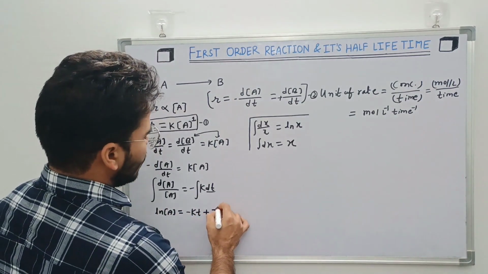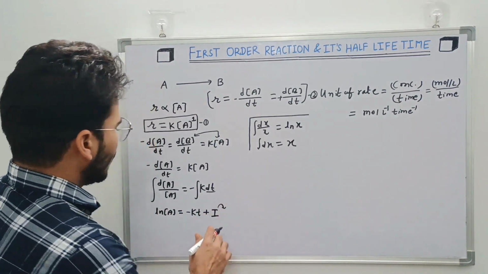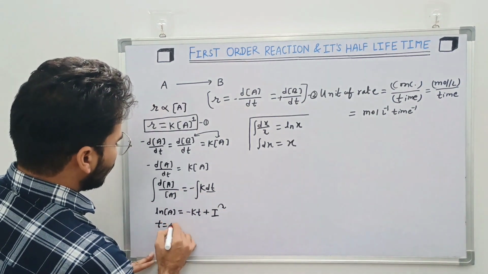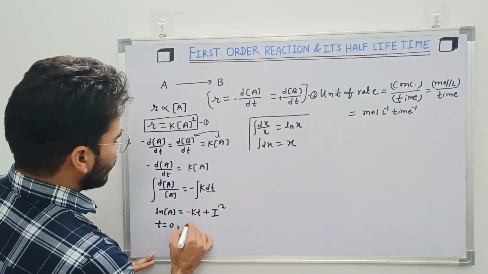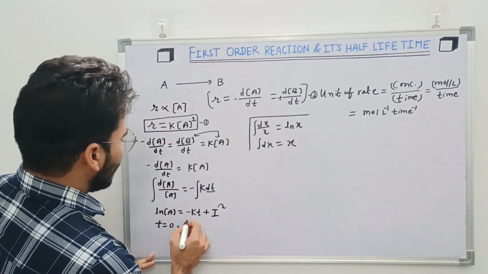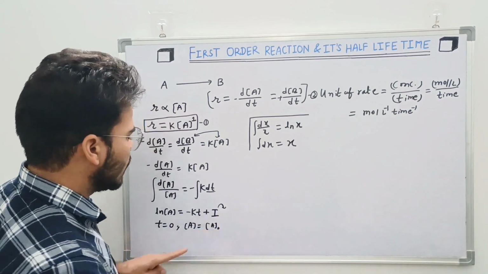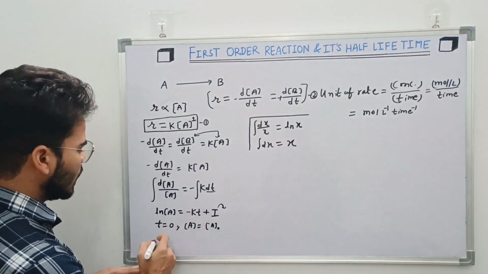For evaluating this integration constant, we can assume that at time t is 0 our reactant concentration A will be A0.